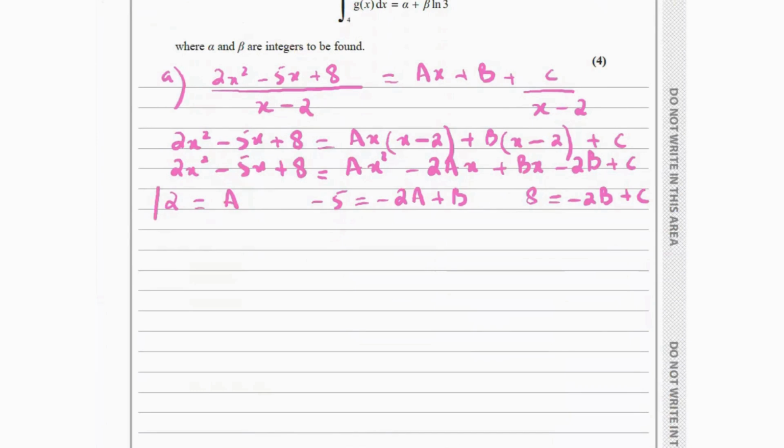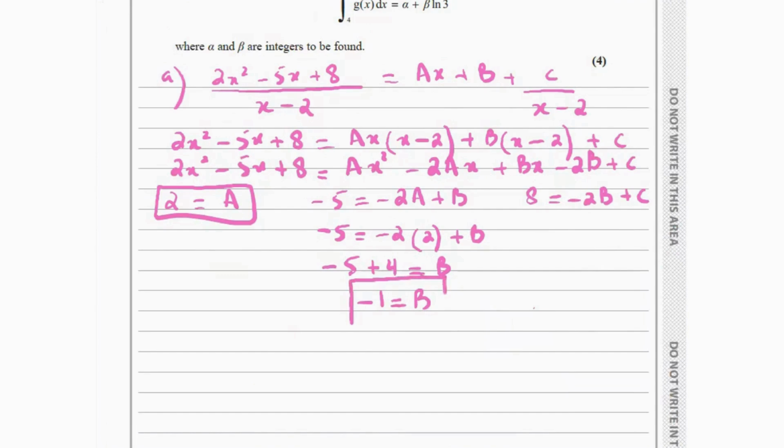So 2 equals a is the first answer. We put that in the second equation to find the value of b. That's minus 5 plus 4. That's going to be negative 1 equals b. So I put this in the third equation. So 8 equals minus 2 times negative 1 plus c.